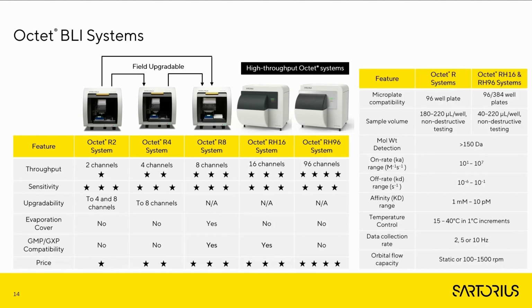Only the differences in microplate compatibility and sample volume distinguish the Octet R series from the RH16 and RH96 systems, ensuring the same instrument features to match the customer's needs.